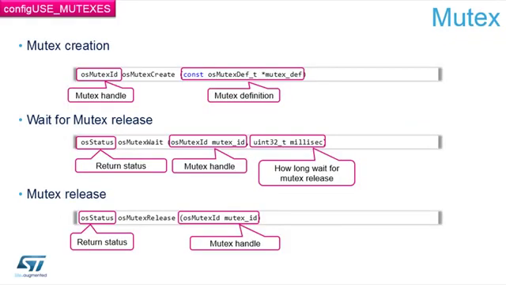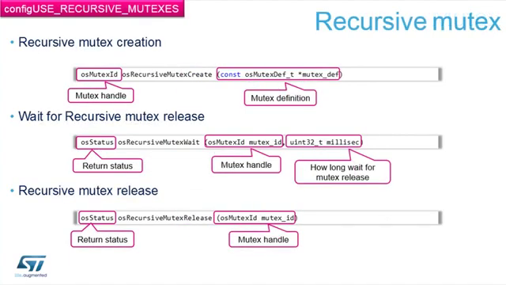For mutexes, you have a specific API. Using OS mutex create, you can create an instance. You can wait for the mutex with a timeout. And when you are finished with the job and you own the mutex, you can release it. There is also a possibility for a recursive mutex.